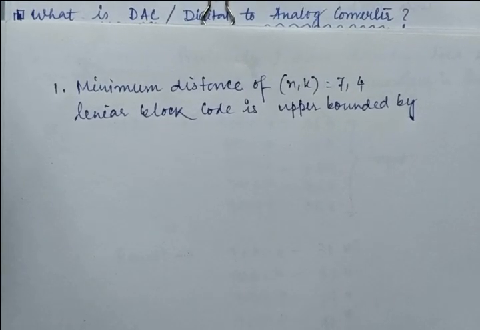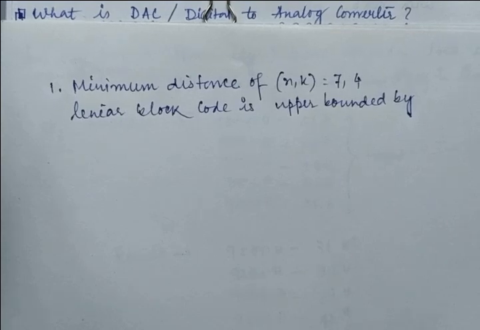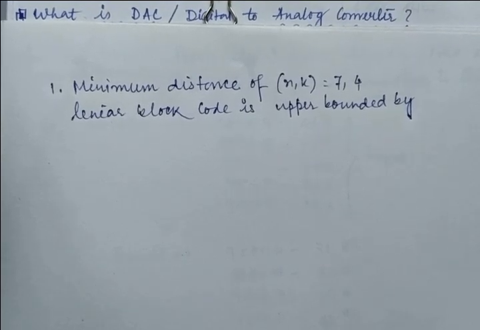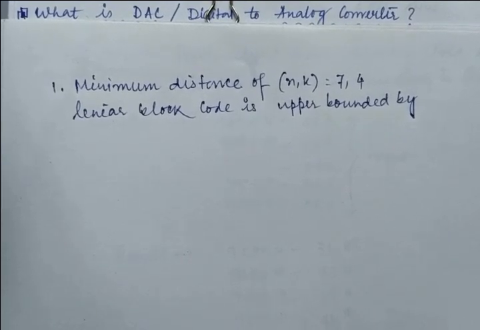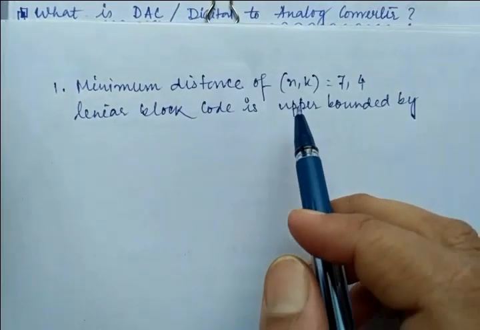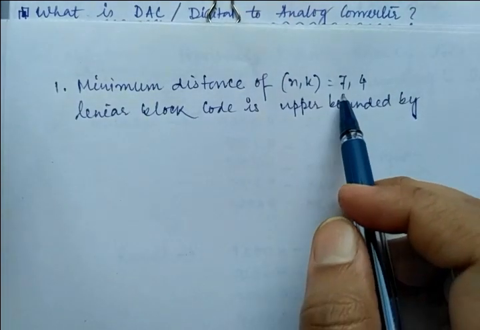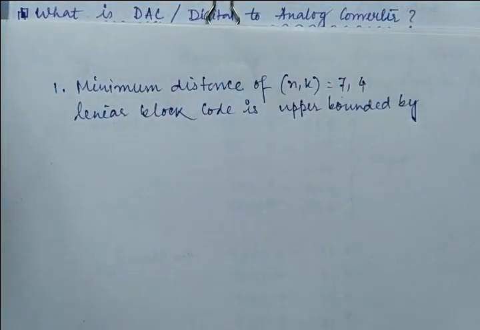So this is the way: first you have to understand the logic behind the question, right? There will be very simple questions but in a complex way, so you have to find out the logic behind that. Here (n, k) is equal to (7, 4), so n equals 7 and k equals 4, and you have to find out the minimum distance of the code.